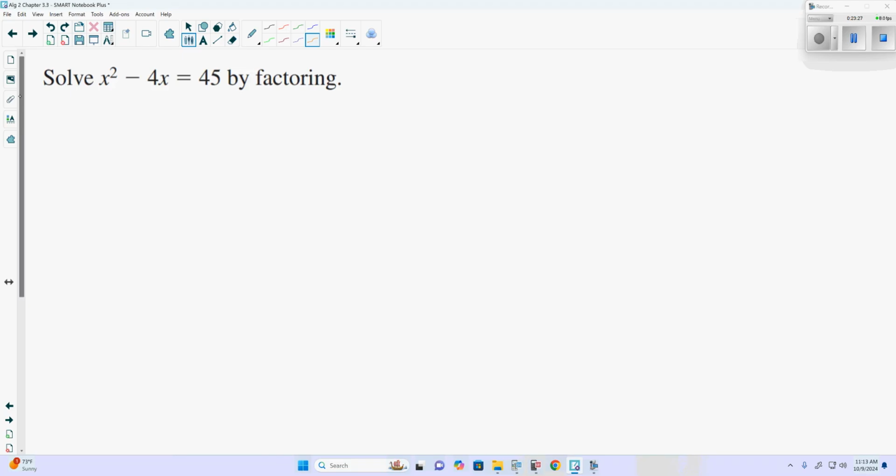X squared minus 4x equals 45. Factoring. So for factoring, we're solving by factoring. We need to get this equal to 0. Really, the only way that we have for solving so far that didn't have us equal it to 0 is, well, the square root method. All the rest, we need this equal to 0.